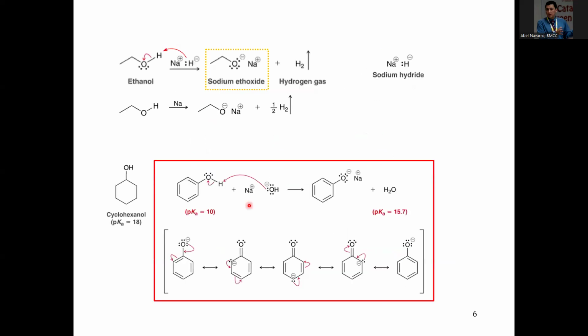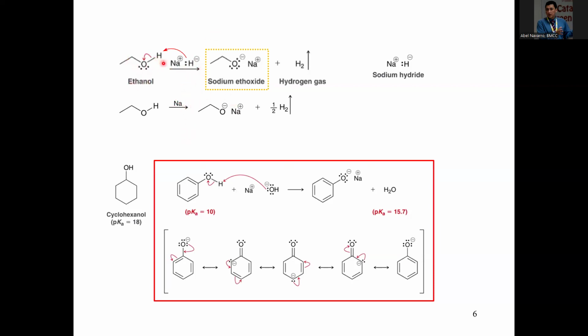Let's continue with the physical properties. The next one is acid-base properties. Even though alcohols are not that acidic, we know that oxygen is an electronegative group, and electronegative groups have a dipole moment. So you have an OH, definitely it's going to have a delta plus and a delta minus. That will create the opportunity for a strong base to deprotonate it.